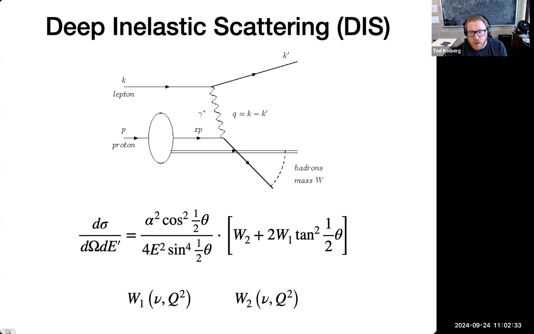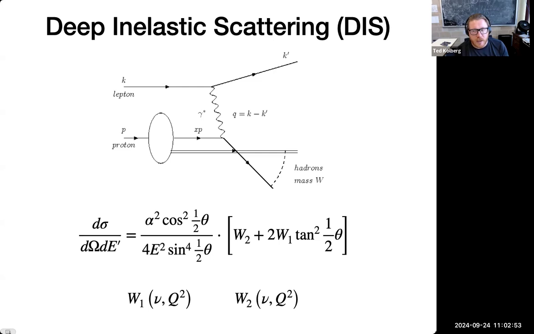and W2. A guy named Bjorken, working from the assumption that the proton is actually composed of point-like constituents, predicted that what we should see in experiments of this type is a hard component of the cross-section, which doesn't fall off rapidly at high q squared.